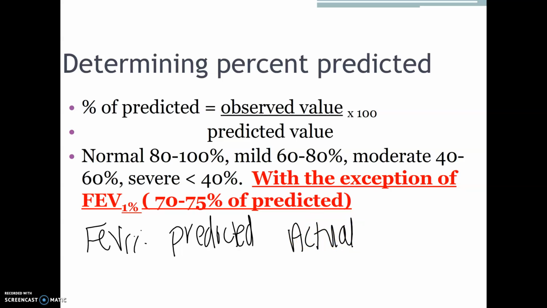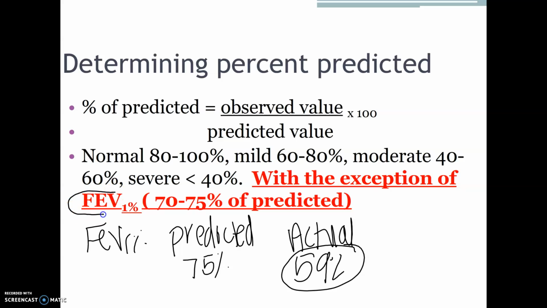Predicted value is pretty much always going to be between 70 and 75%. There might not even be a number there. But let's say their predicted value was 75%, and then their actual value is 59%. These you do not have to calculate into percent predicted because they're already in percentages for you. So if this person's FEV1% when they actually did the PFT was 59%, that would not fall within the normal limits.